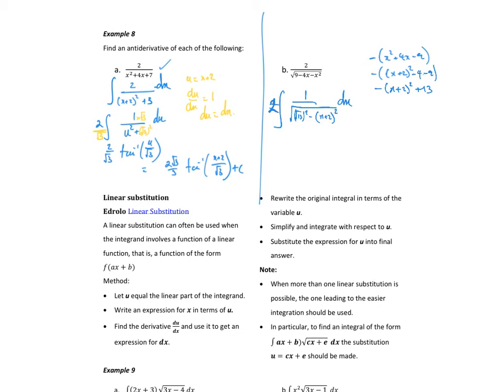That's a 2 there. So we can do the same sort of thing, isn't it? x plus 2, if I put u equal to x plus 2, well then du is just equal to dx, so that's a straight swap.